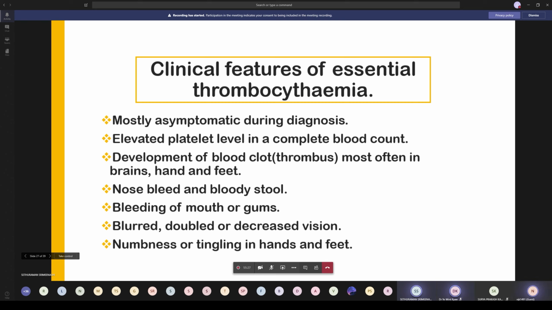Development of blood clot, most often in nose bleed and bloody stool, bleeding of mouth, gums, blood double, tingling in hands and feet.